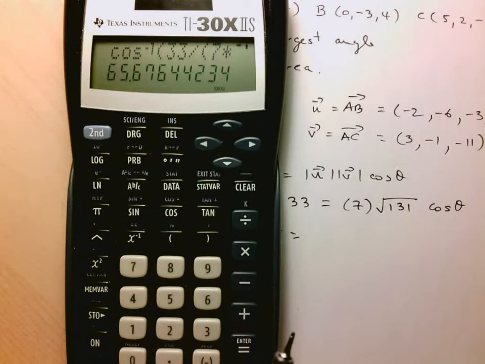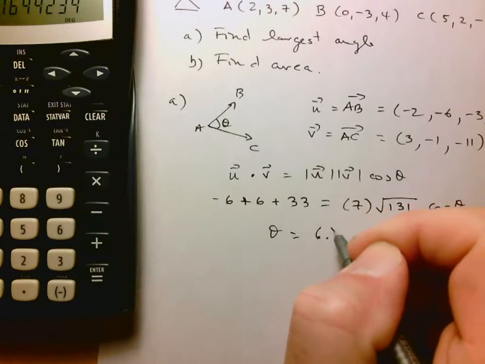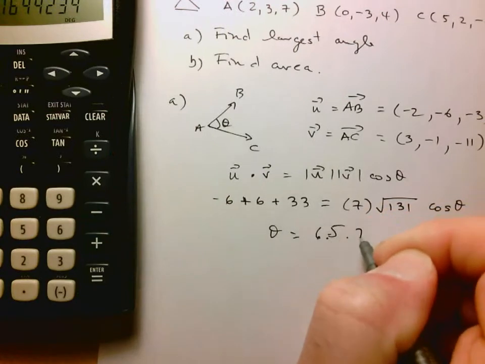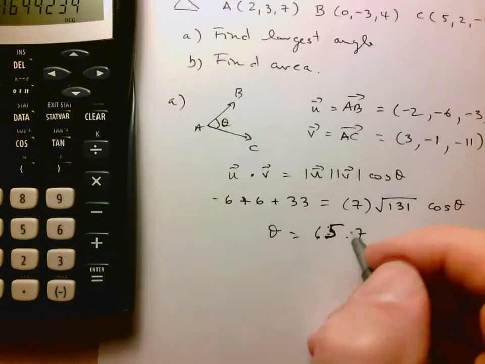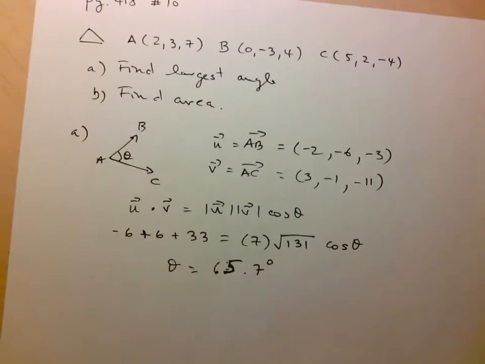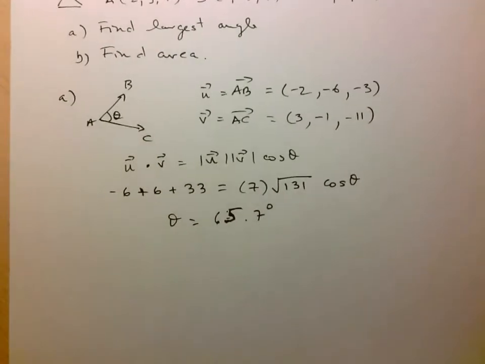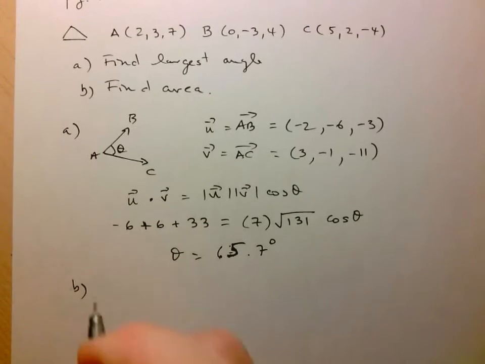And we've got 65.7. So the angle there is 65.7 degrees. Now basically all we need to do is find a second angle. We don't have to find the third since we can determine that easily.